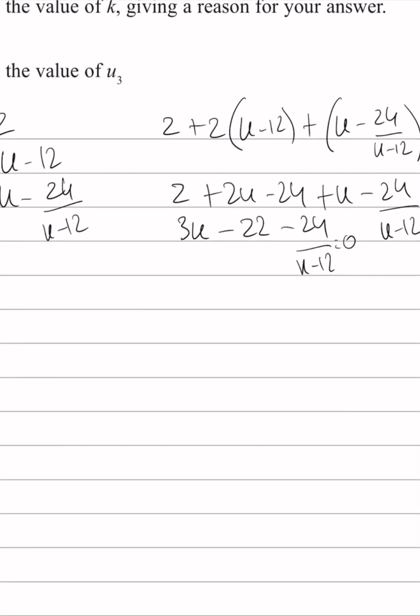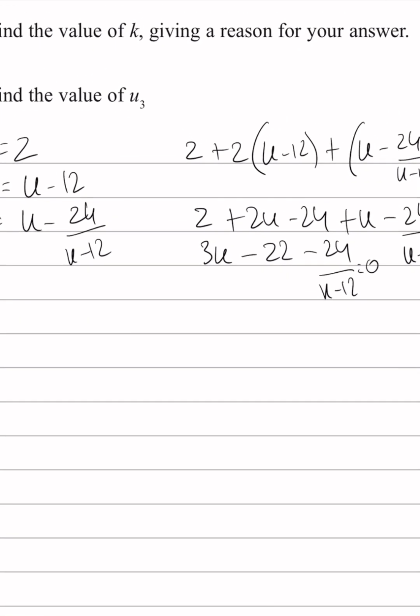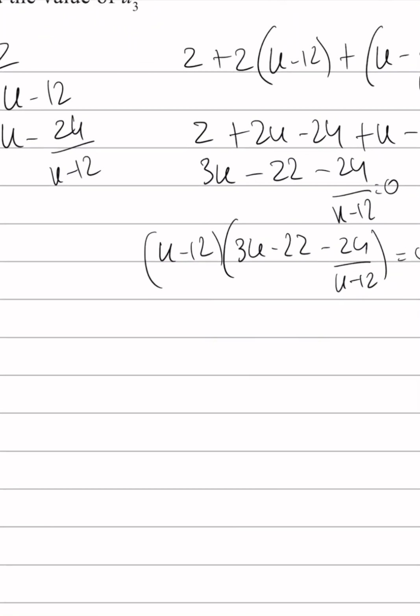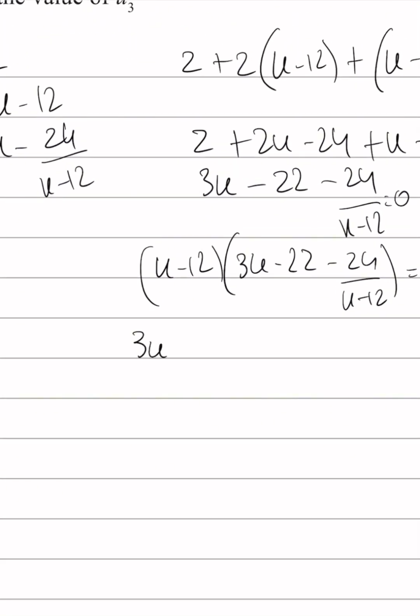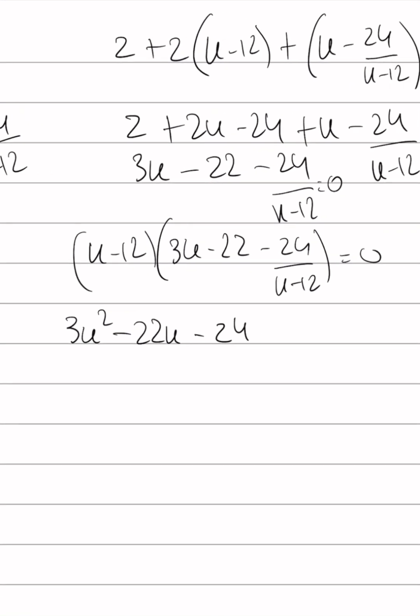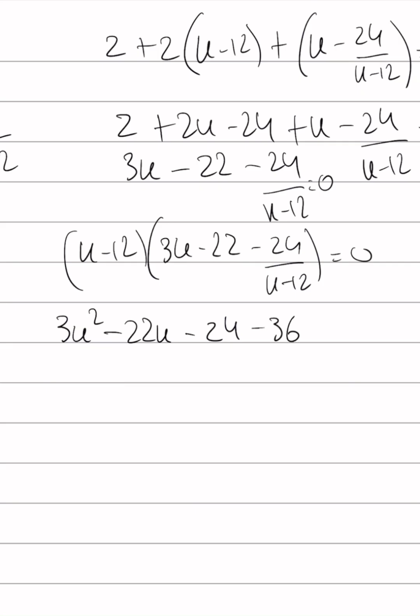We can multiply everything by k minus 12, then we expand the brackets, which would be 3k squared minus 22k minus 24 minus 36k plus 12 times 22 equals 0.